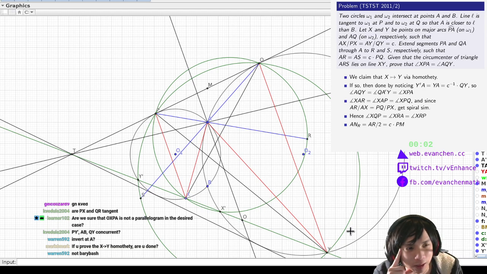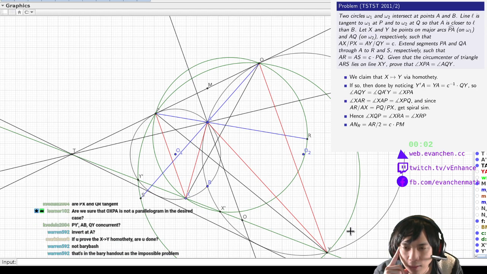How much of it can I preserve when I invert? Yeah, I could invert.